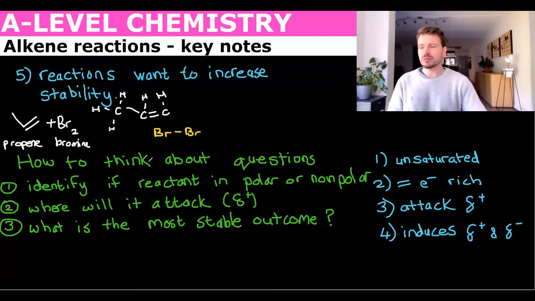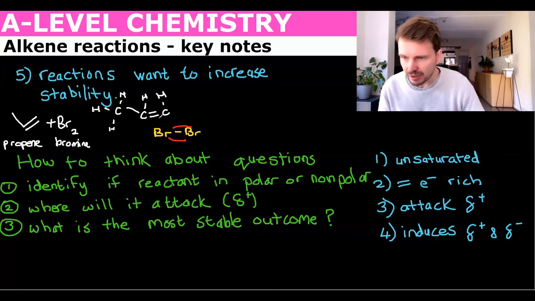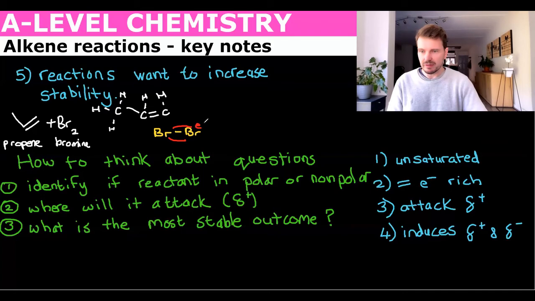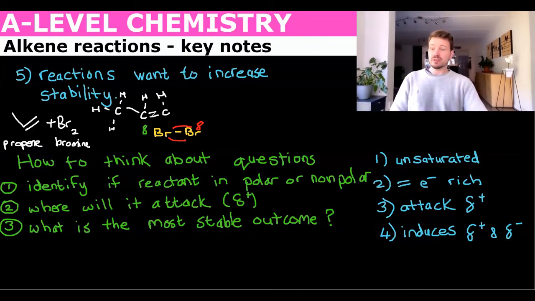So the first point, the point about number 4, inducing a polarity. What happens? This bromine gas, the electrons all want to move to this side, away from the electron dense double bond. So we have a negative pole here, and we have a positive pole here. That's the first thing that the double bond does.